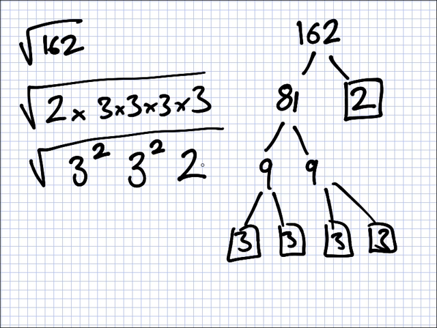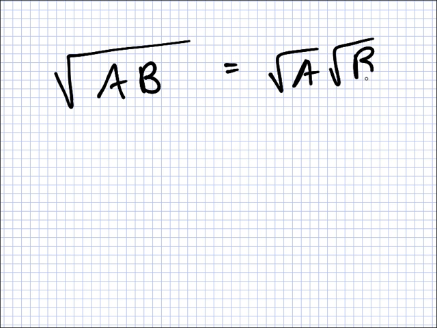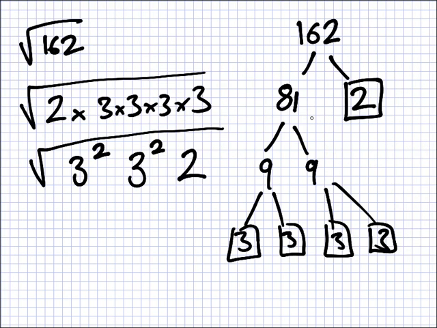2 like that. Now, the reason this is helpful is because you have this rule. Root AB equals root A, root B. Okay? And what does root A squared equal? A. So if I go back here, what's root 3 squared? 3.